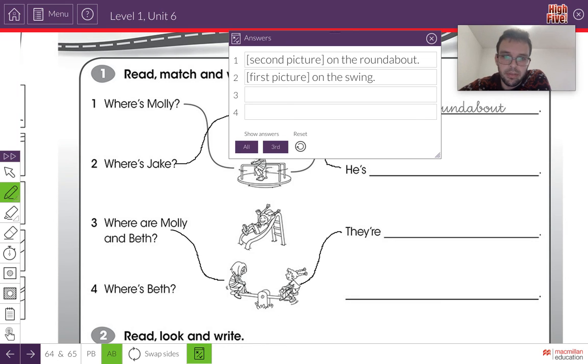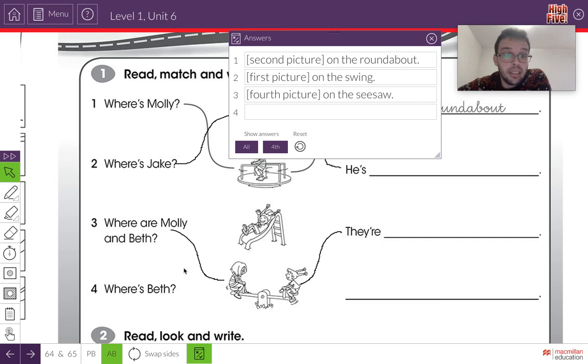They are on the, and what is this thing here? They are on the, that's right, on the seesaw. Okay, so number 3, where are Molly and Beth? Okay, and we write here, they are on the seesaw. Good.